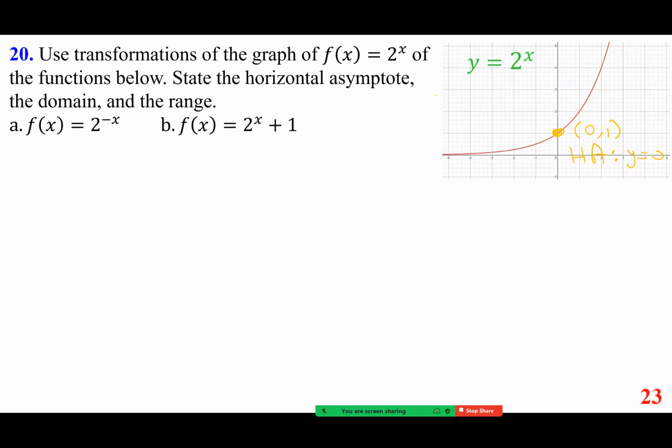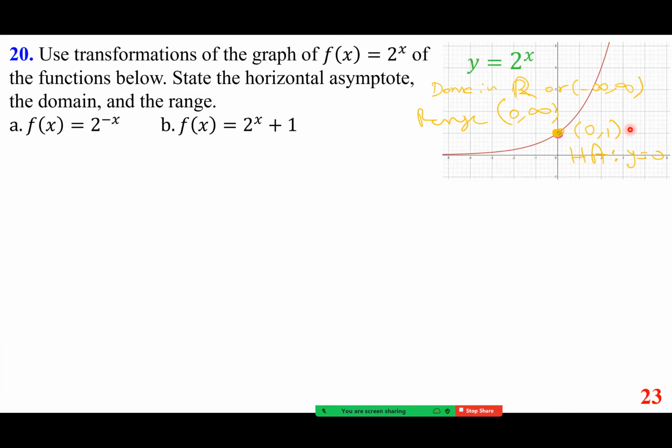Domain is all real numbers, or you can say minus infinity to positive infinity. Range goes from 0 to infinity. Again, reminding you of things you've seen, you are supposed to know. So this point has coordinate 0, 1.